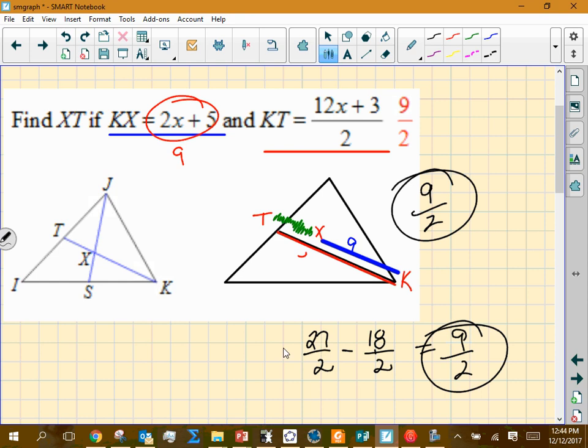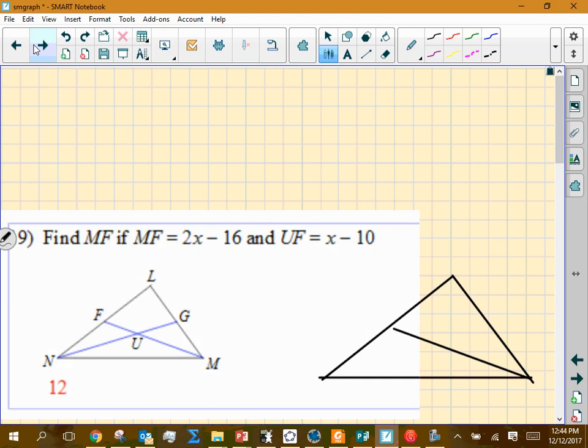I like those types of questions because they can gauge whether you know 2 concepts. Do you know the centroid concept? And also, do you know the segment addition concept? So it can test you over 2 things at once. Take a minute and see what you come up with. Just set up an equation. I want you to first set up a generic equation using MF, UF, and what other parts maybe you need.